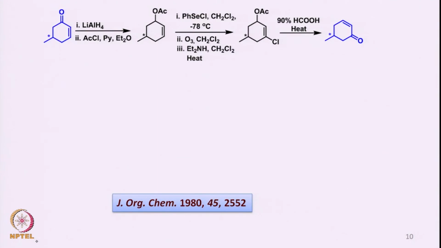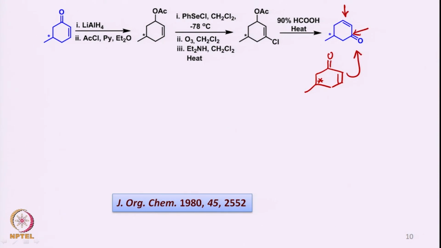Now if one wants to convert a simple 1,3 enone to the corresponding transposed 1,3 enone, say for example you have this and you want to convert it into this, where the ketone position is now changed, the ketone was here, now we have made it here.